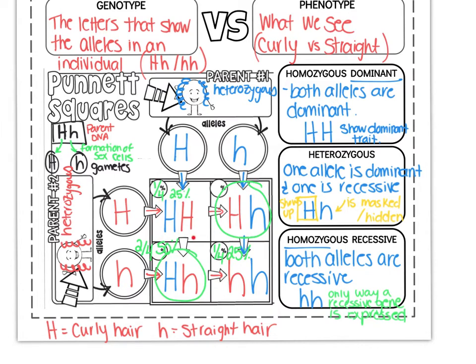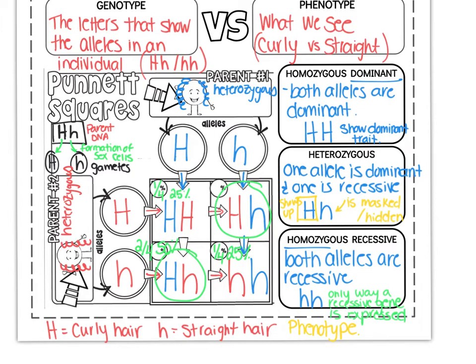I have a 25% chance of big H genotype. I have a 50% chance of big H, little h in this case. And I have a 25% chance of little h. However, if I were to look at the phenotype, what I see, okay, I'm going to write it in my little corner here, phenotype. In this case, remember, anytime there's a big H, that is what we see.